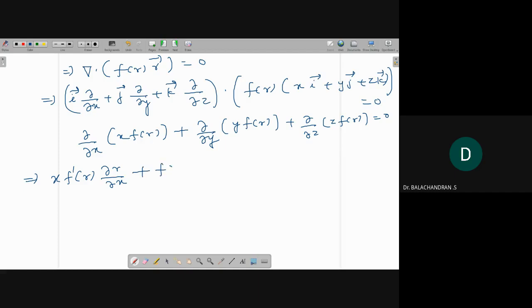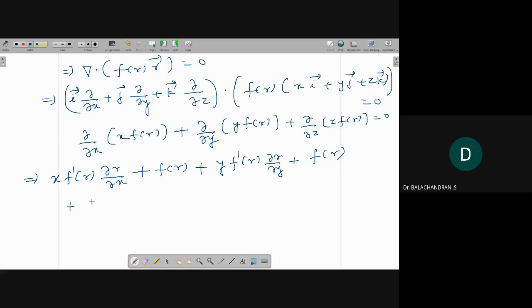Plus, you should keep f of r, and if you differentiate x with respect to x, you will get 1. Similarly, remaining y into f dash of r into dou r by dou y plus f of r into 1.